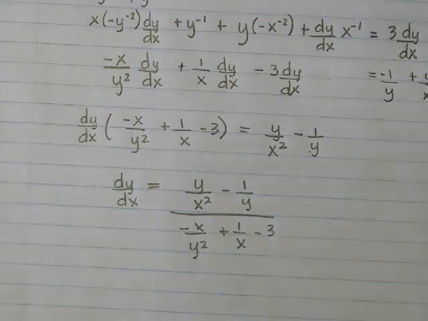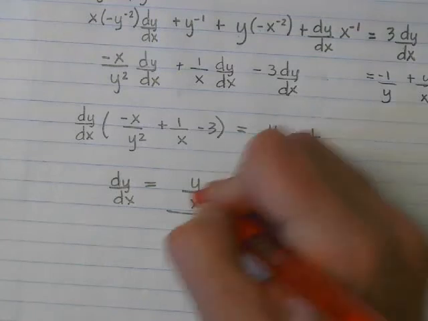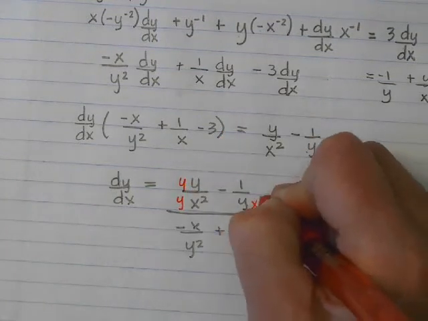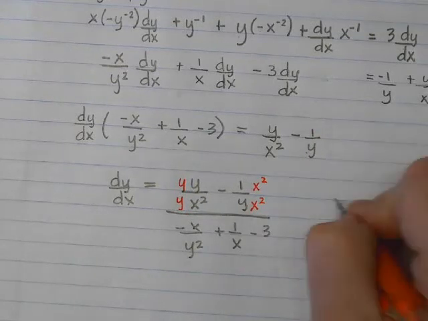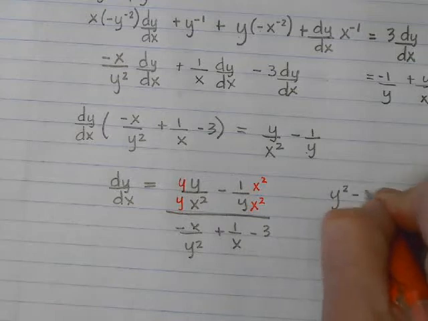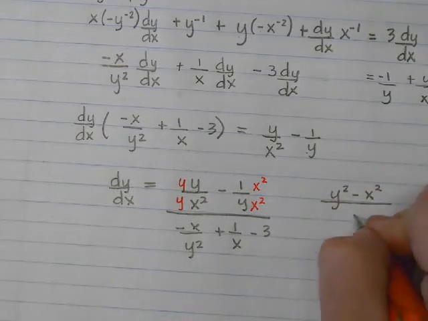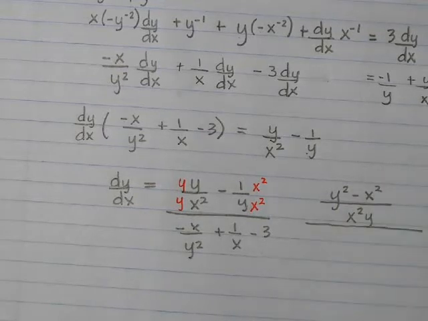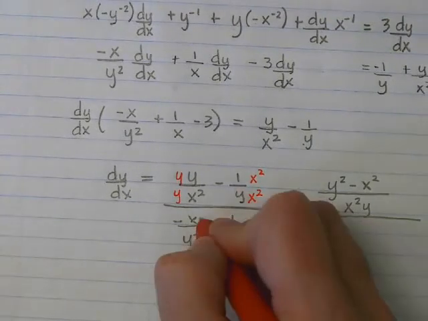Let's get a common denominator on all these guys. So this guy right here needs a y. This guy right here needs an x squared. That gives me y squared minus x squared all over x squared y. Now let's do the one on the bottom. This one needs an x.